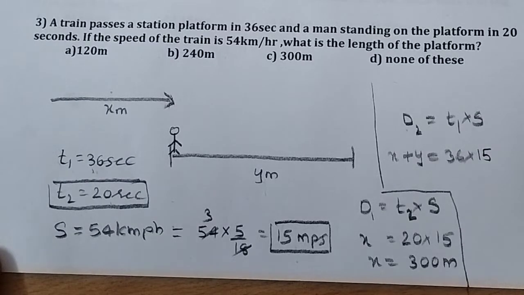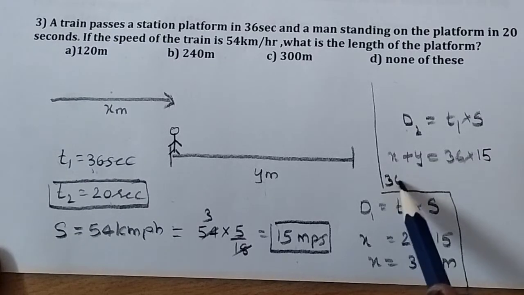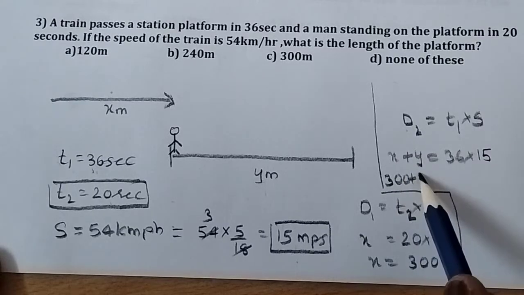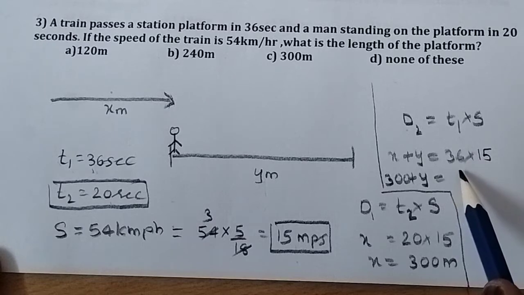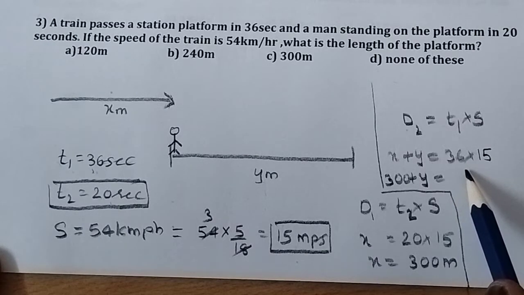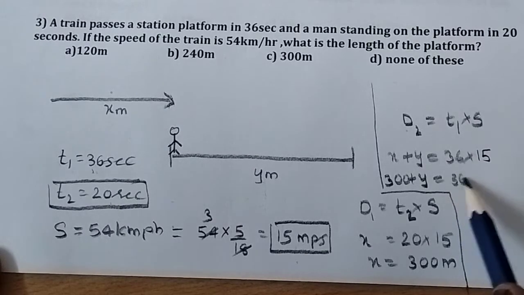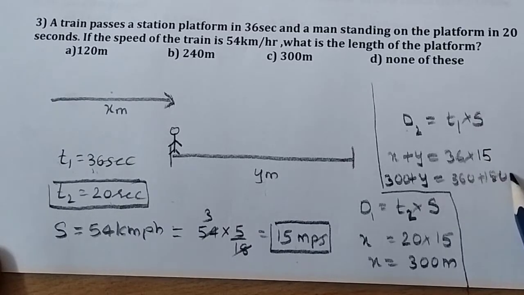Now from this information, the x value is available, that is 300, and 36 into 15 is 540, so 360 plus 180, that is 540.